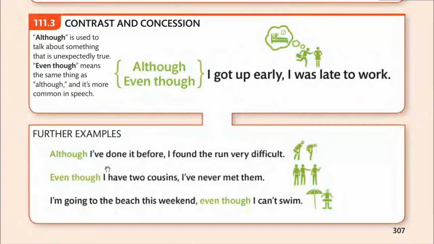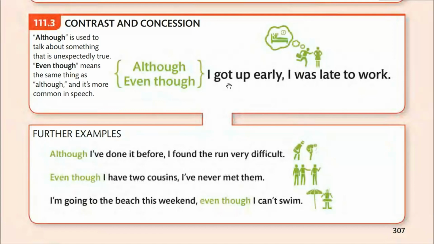One thing that's not added here is that although collocates with yet, but by the time you have a comma, you do not need to use yet. Although I got up early, I was late to work. Remember, unexpectedly true, because if you get up early, what is expected is that you will get to work early.